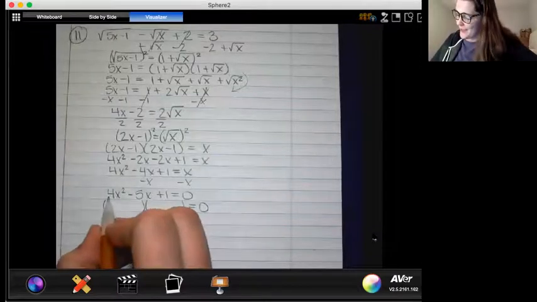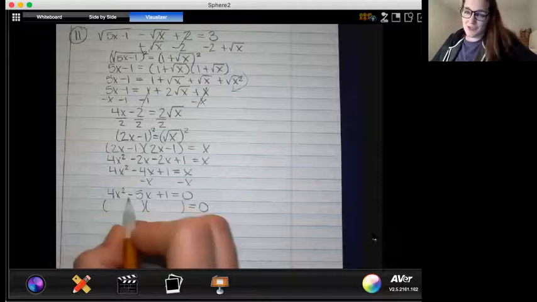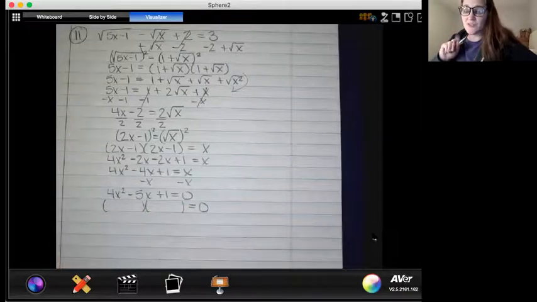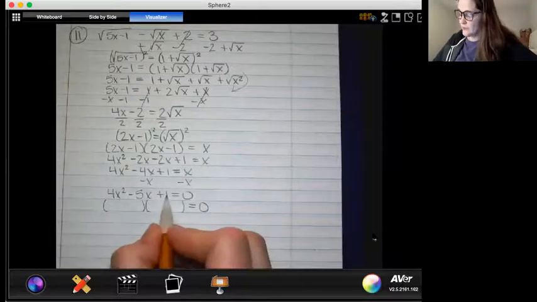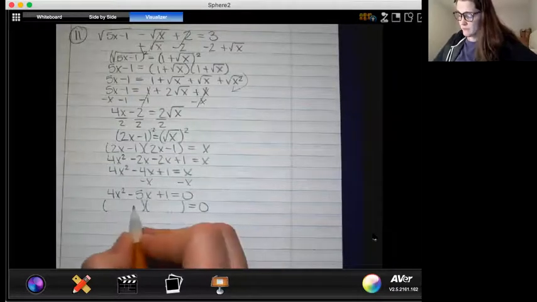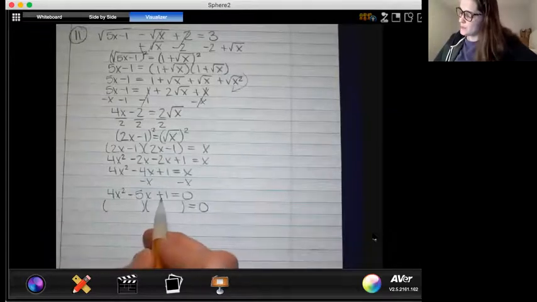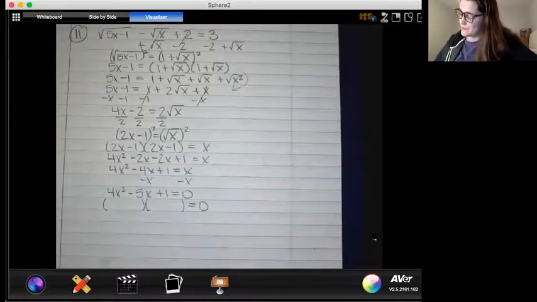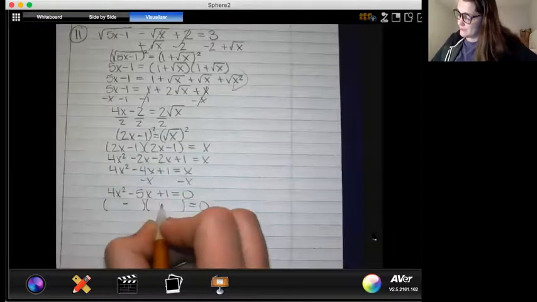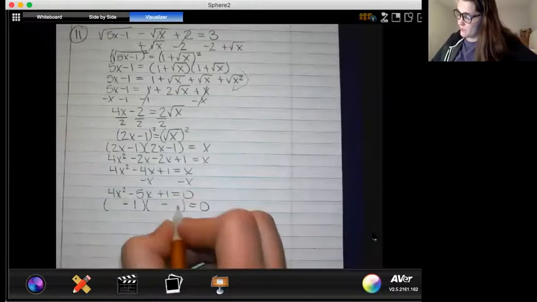So we know we have 4x squared, which means it can either be 4x and x or 2x and 2x. And then we have 1. Well, 1 has to be 1. There's no other factors of 1. We're multiplying to a positive, but adding to a negative. So they're going to be negative, and we know it has to be 1.